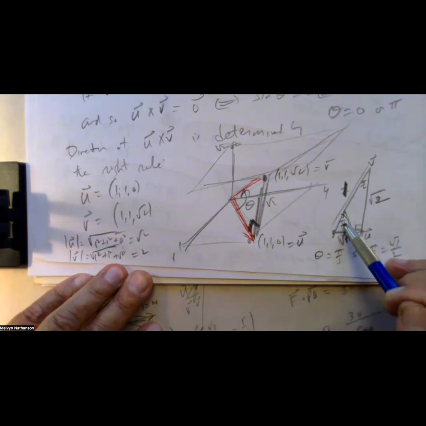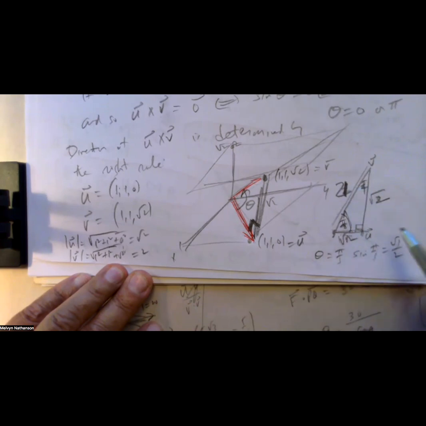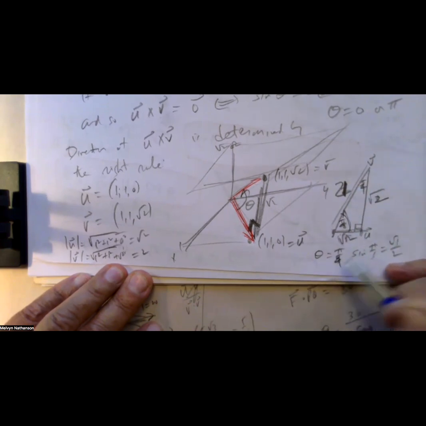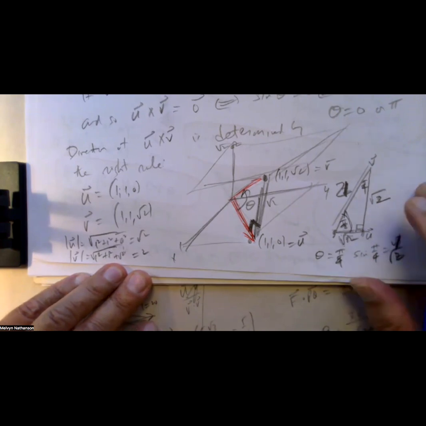So this is actually an isosceles right triangle, and this is 2. So this angle is pi over 4. Sine of pi over 4 is 1 over root 2.